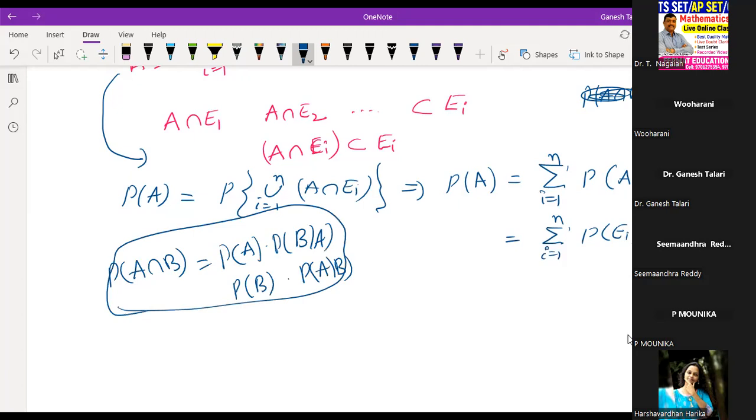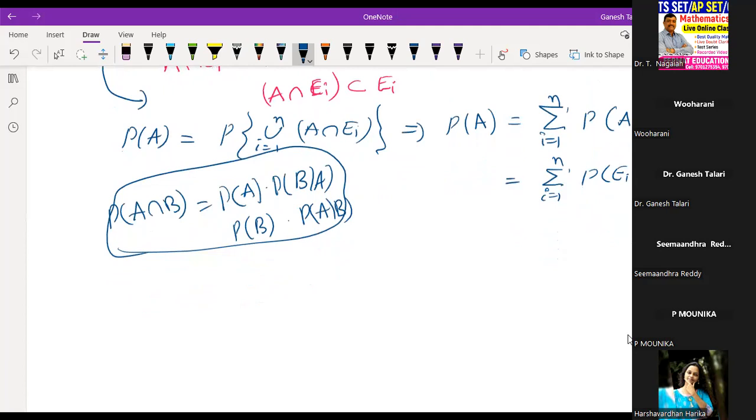So one side I have written probability of Ei into probability of A given Ei. This is probability of A.